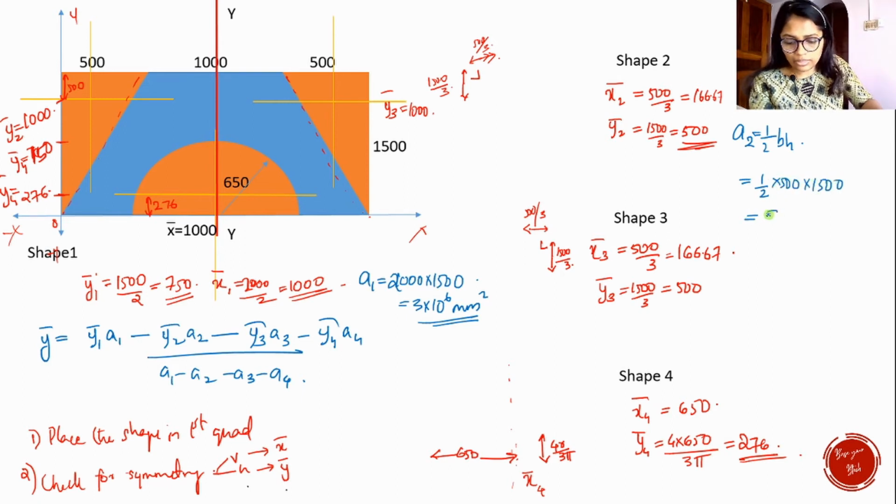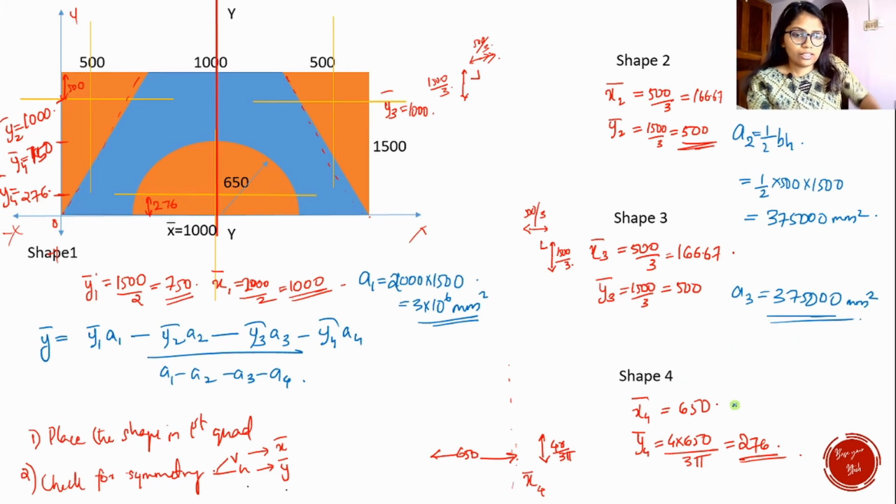So its value is 375,000 millimeter square. And obviously A3 is also same, 375,000. Later shape 4 is a semicircle A4, which is pi r square divided by 2 and the area is 663325. This looks like a phone number.